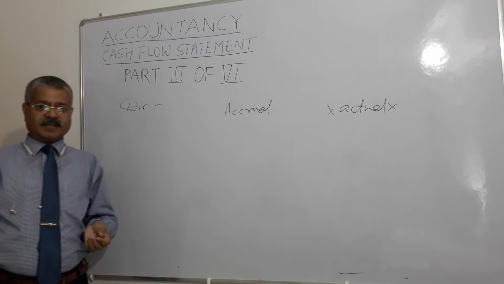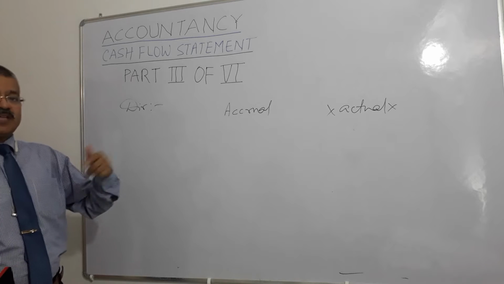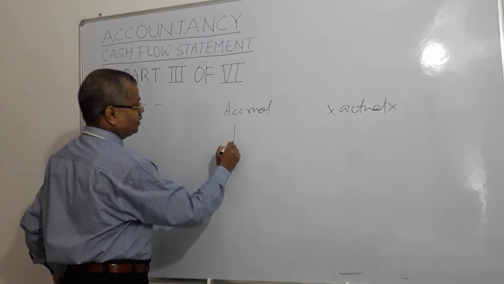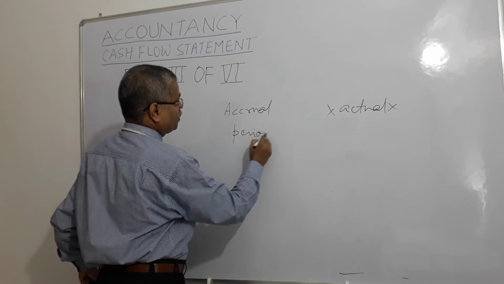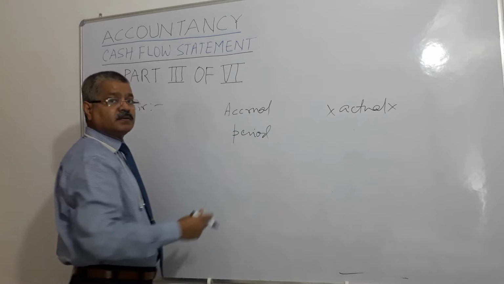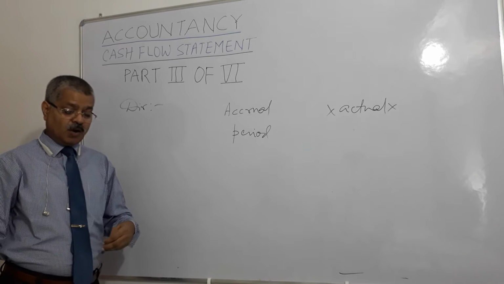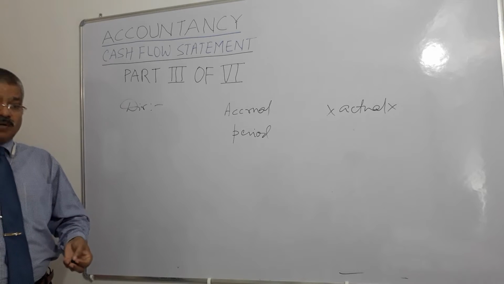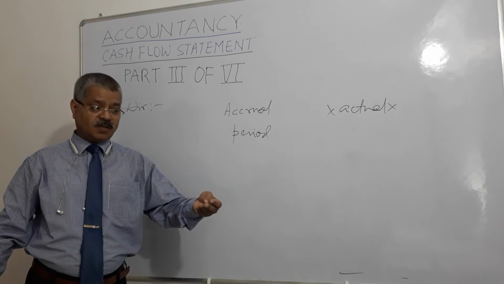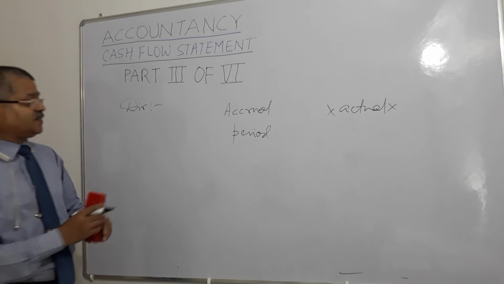What is accrual method? Suppose something was due to be paid during that particular period, but it has not been paid. So provision will need to be made for the payment of that due. Or the other way round, some expenses have been prepaid. We will need to make adjustment for those prepaid expenses.